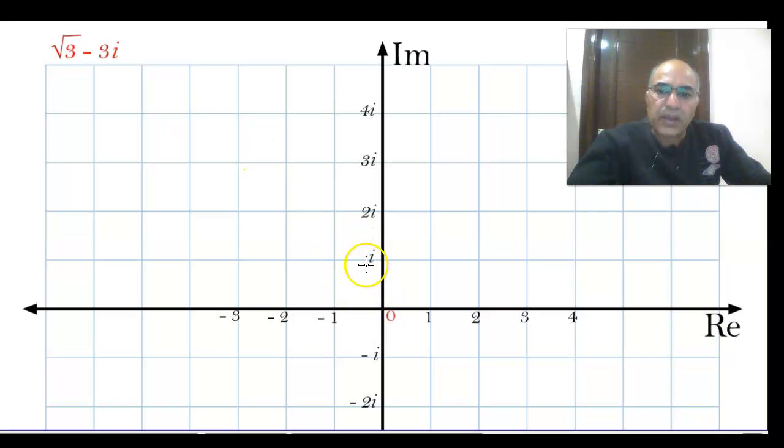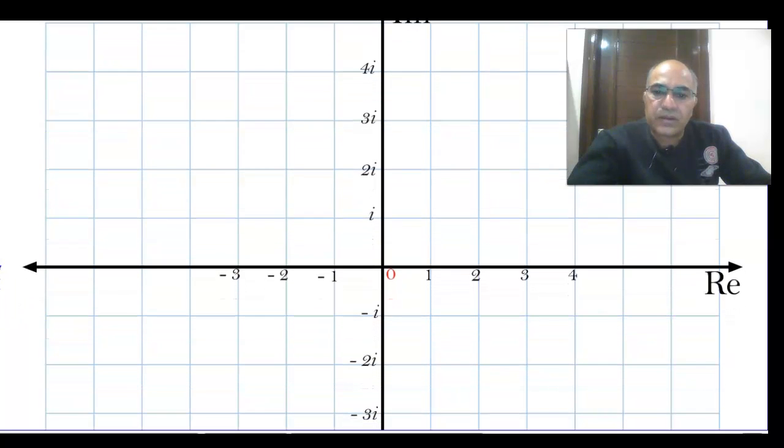Root 3 minus 3 iota is represented by this point somewhere here, and the vector representing this complex number is this vector.